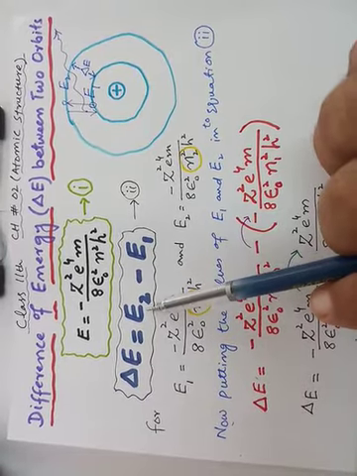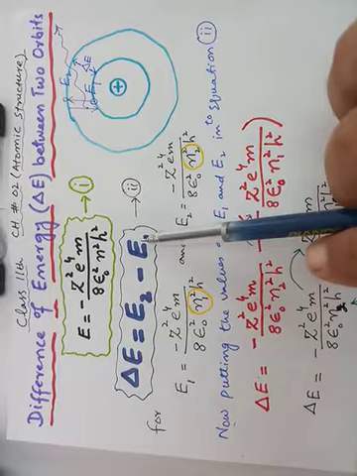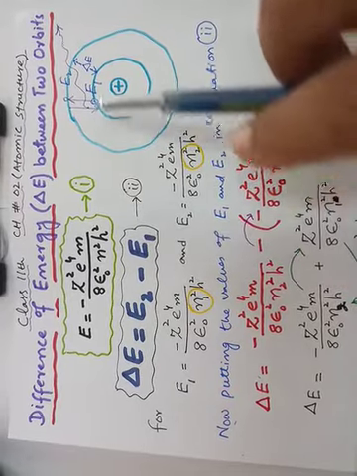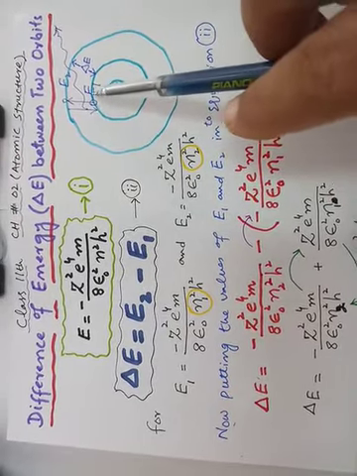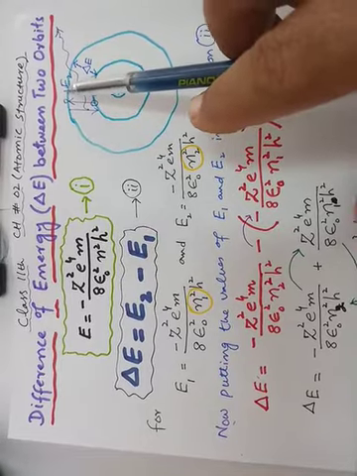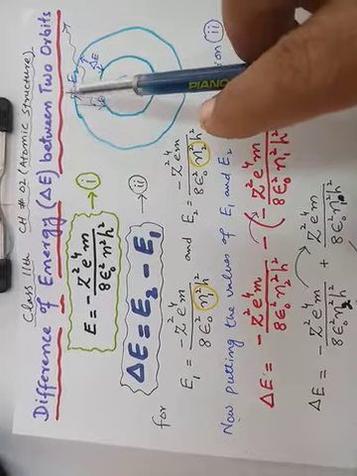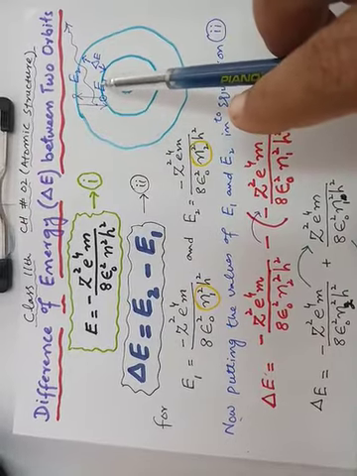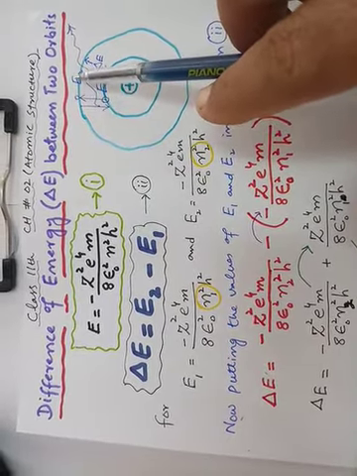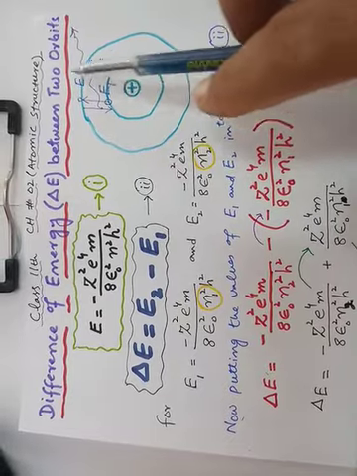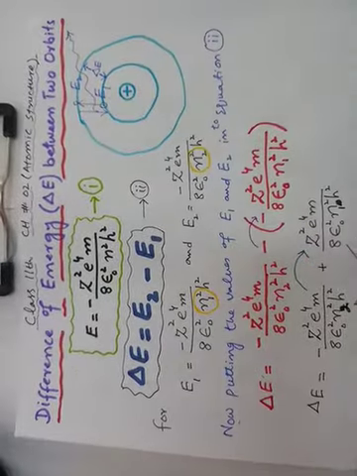So E2 is the high energy state and E1 is the low energy state. Any orbit closer to the nucleus has low energy, while as the distance from the nucleus increases, the energy correspondingly increases. So the difference of energy will be E2 minus E1.